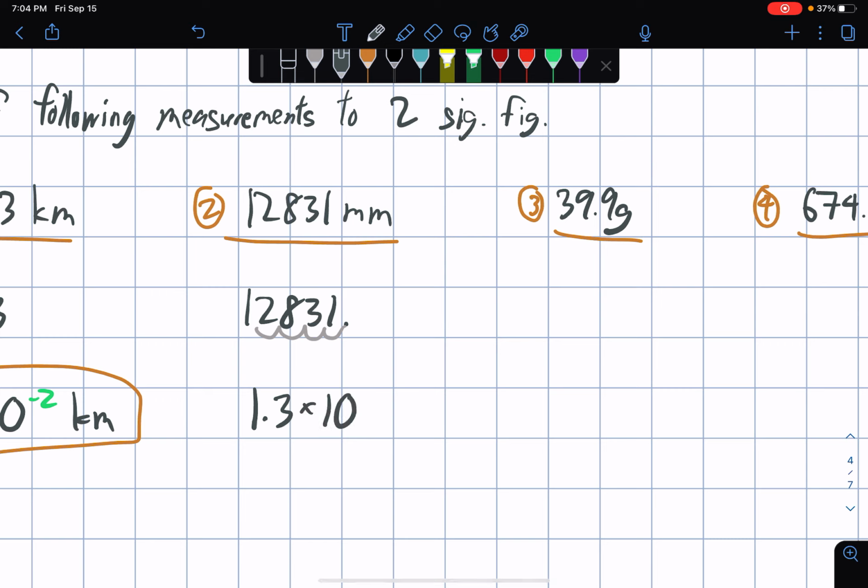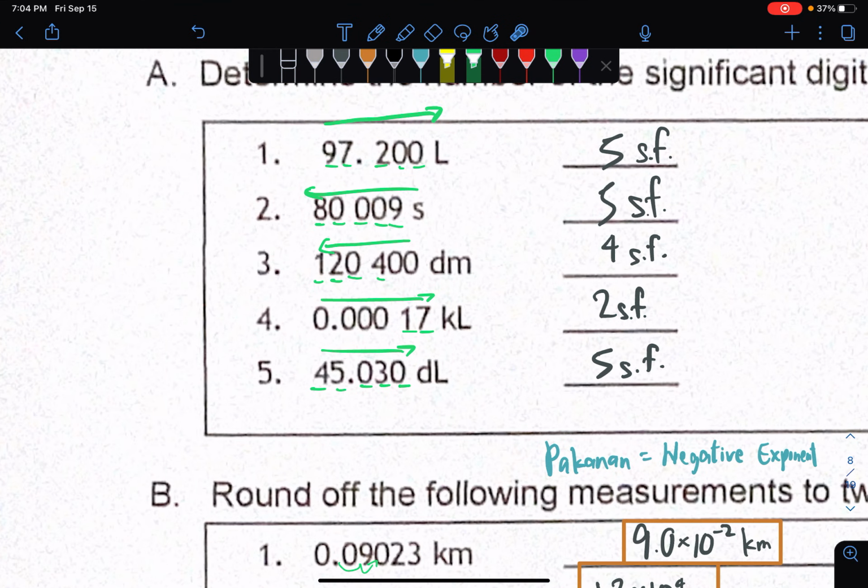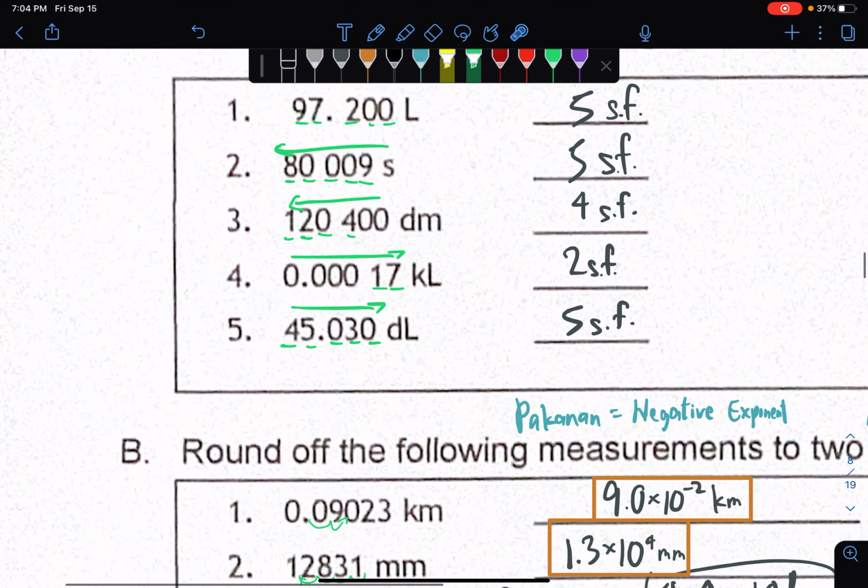And then times 10. How many times did we move the decimal point? 1, 2, 3, 4. That's to the left, so our exponent will be positive 4. And then copy the unit. This is the final answer: 1.3 times 10 raised to 4.